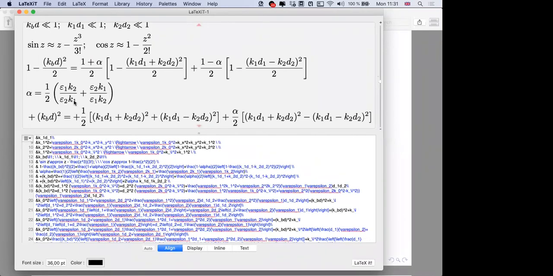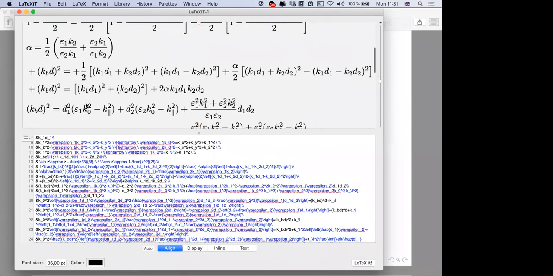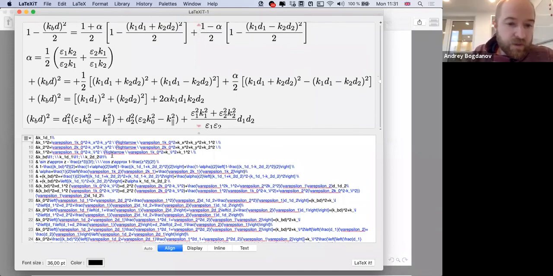Yes, we see it. Okay, so in this case, let me maybe briefly rewrite this. I think it will be quite easy to correct. What should I write here? Epsilon 1 square. Okay, 1 over 2. Again, I'm sorry for this.